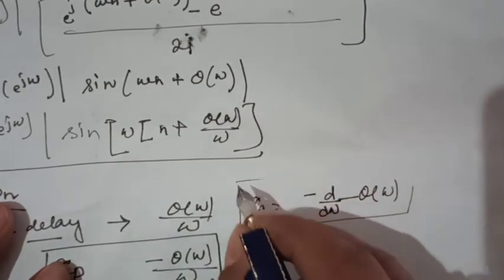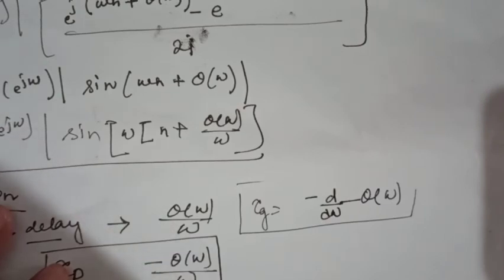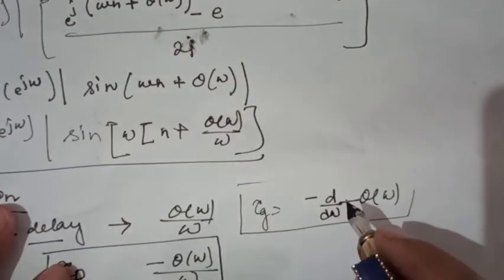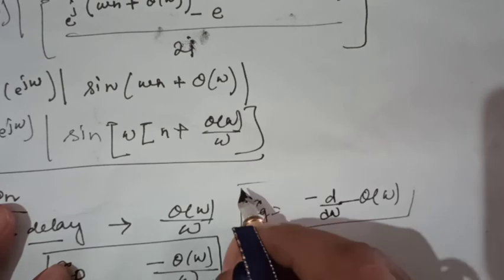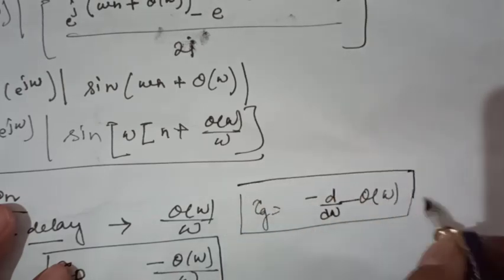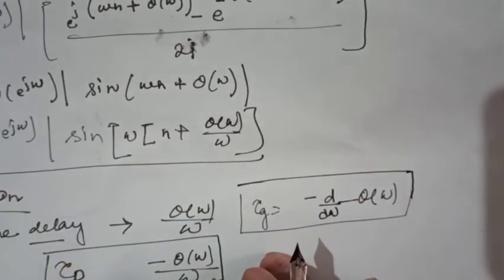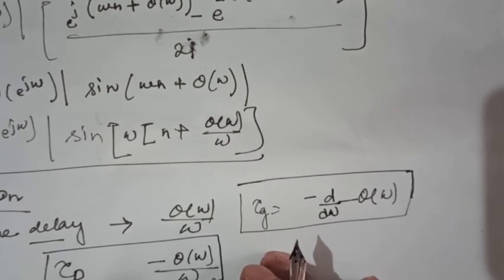So your τg, which is the group delay, is minus dθ(ω) by dω. The group delay at a given frequency represents the slope of the tangent line at the particular frequency if you draw it. For an ideal filter, that is an ideal system, the phase delay and the group delay are identical, that means the same.